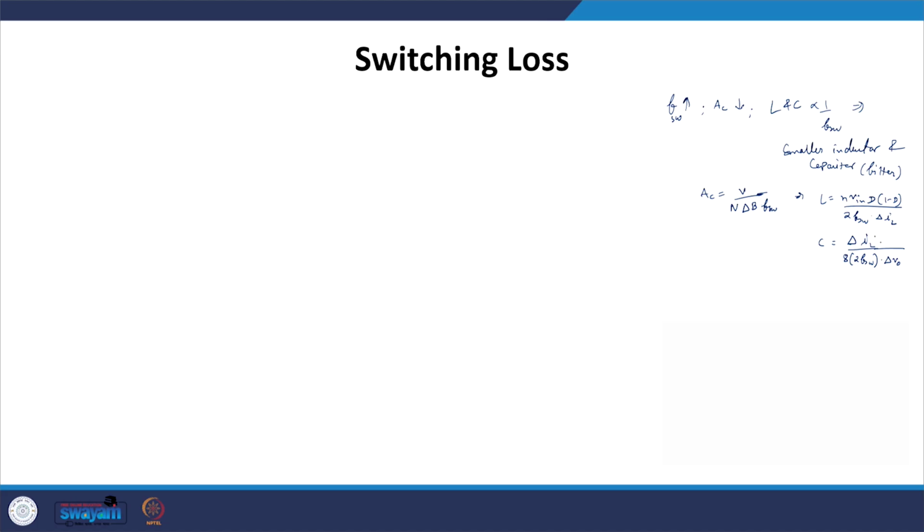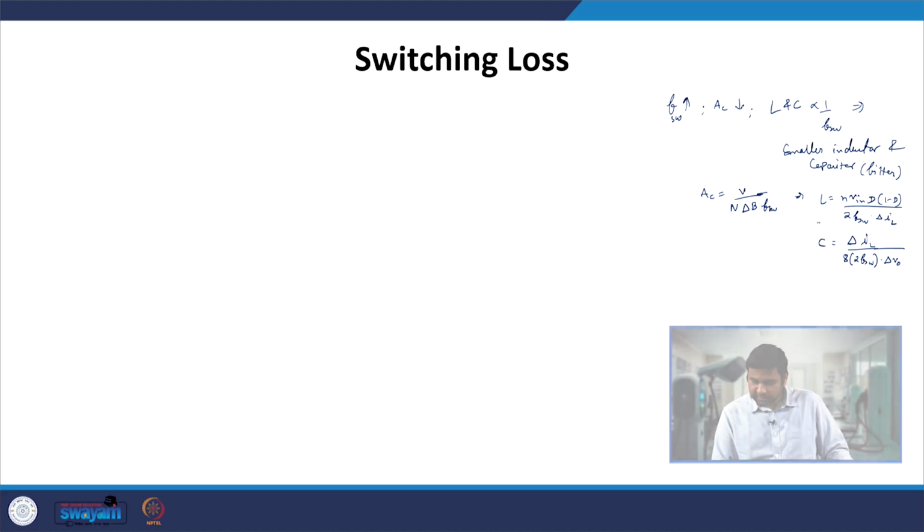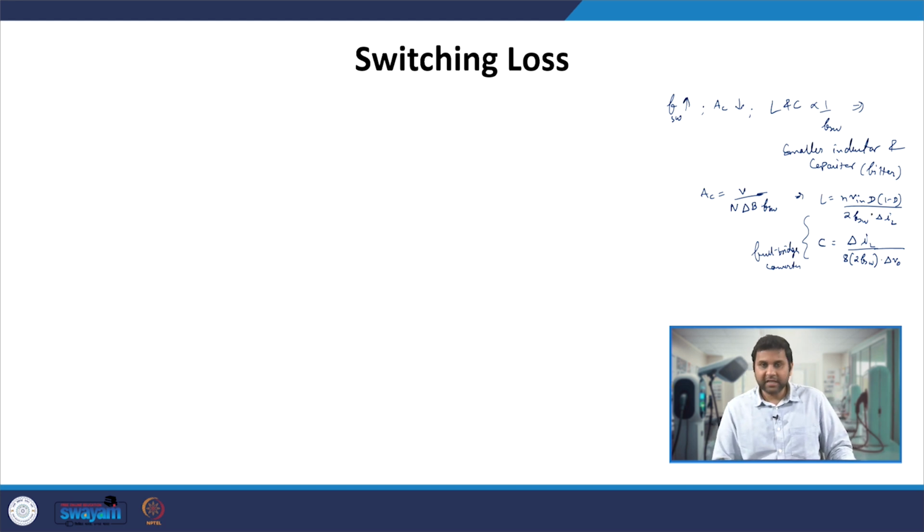So this is the inductance value and capacitance value for the full bridge converter. In both, we see that the inductance and capacitance values are inversely proportional to the switching frequency. That means if I increase the switching frequency, the size of the inductor and capacitor is less.